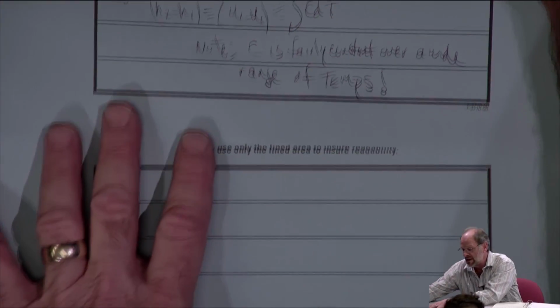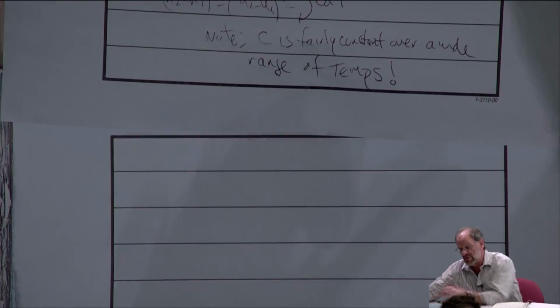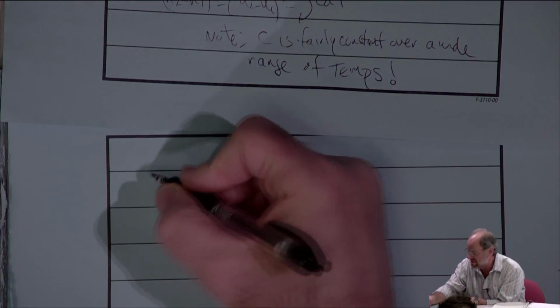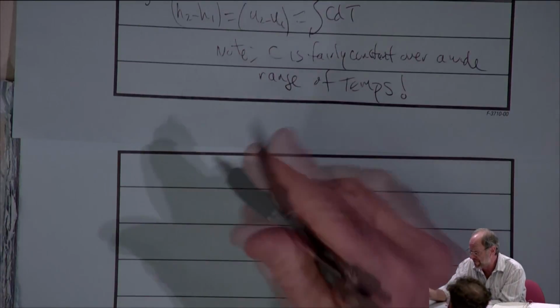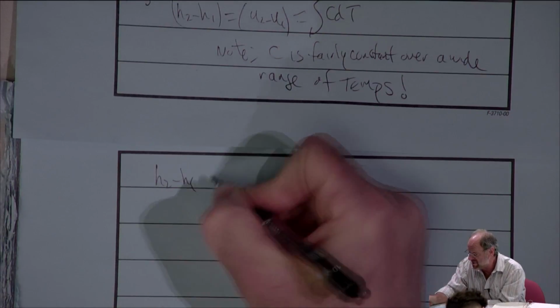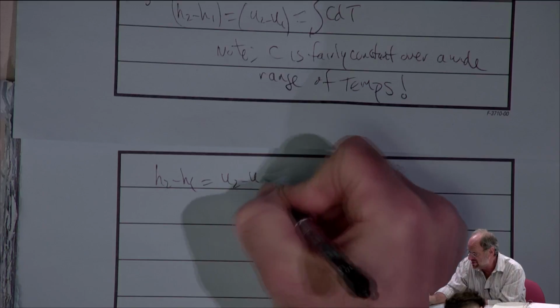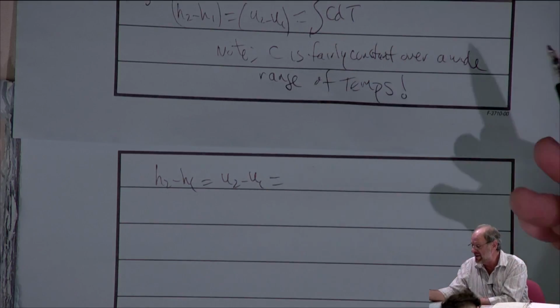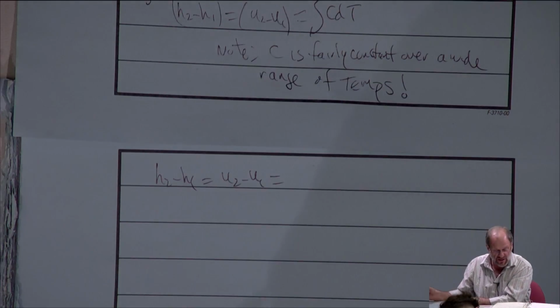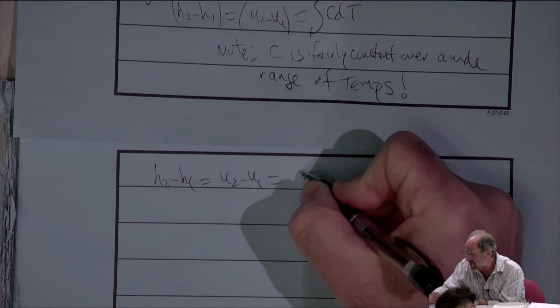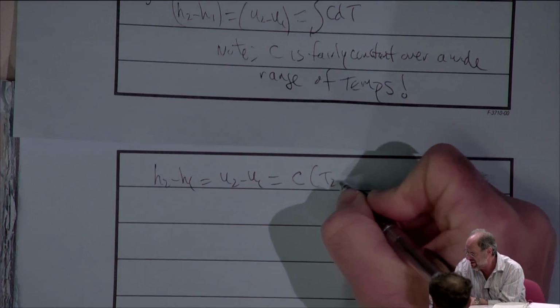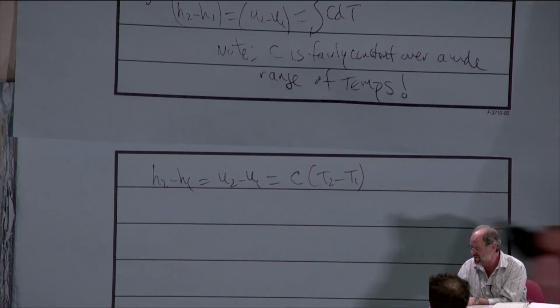All right, so since this is fairly constant over a wide range of temperatures, we're going to do the same thing here that we did for ideal gases. So the enthalpy change is equal to the internal energy change. And if C is fairly constant, it just simply comes out of the integral. And then this equals the heat capacity times the temperature change.